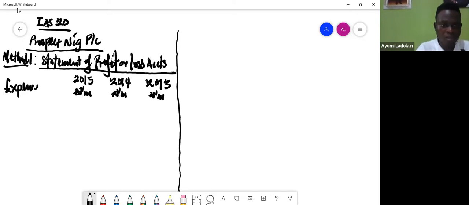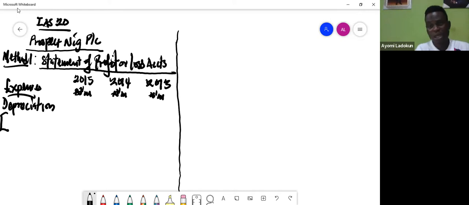You remember, you can start with income, whatever way is convenient for you. So the first thing is to take a look at my depreciation. You agree that depreciation will go under expenses. So normally, how do I compute my depreciation? I will say cost minus residual value over number of years.